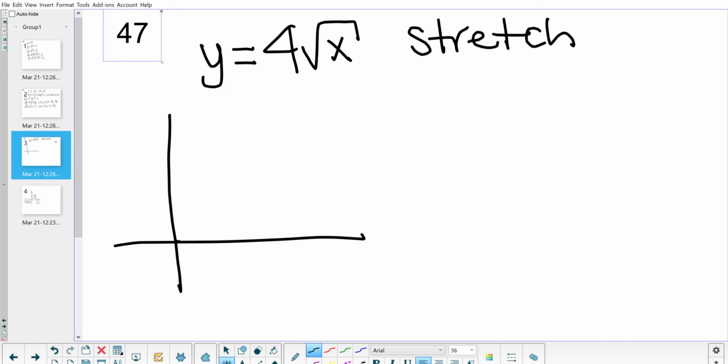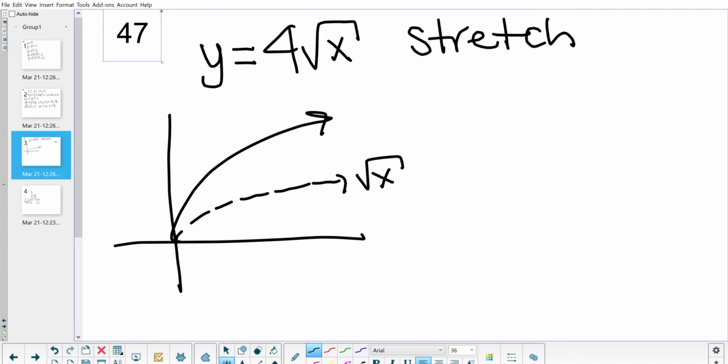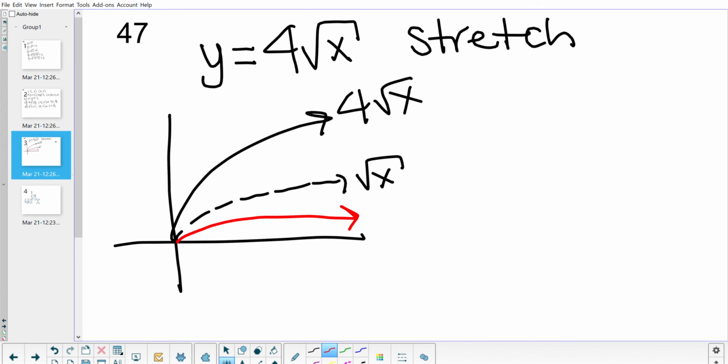So if this is the original, the square root of x, 4 times the square root of x would be like up here. Then just for fun, if I had asked for 1/4 times the square root of x, it would be much closer. That's called a compression. I didn't ask for that, but just for fun.